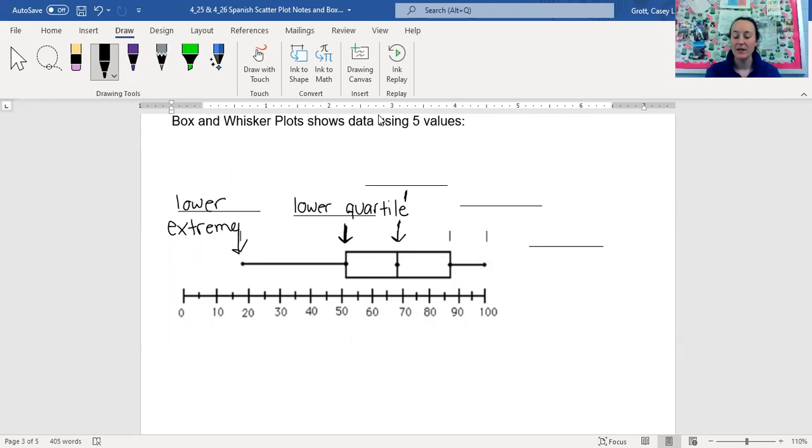The line in between the 2 boxes is going to be our median. It's not always necessarily the middle of the graph, guys, but it's the middle number based on the data set.